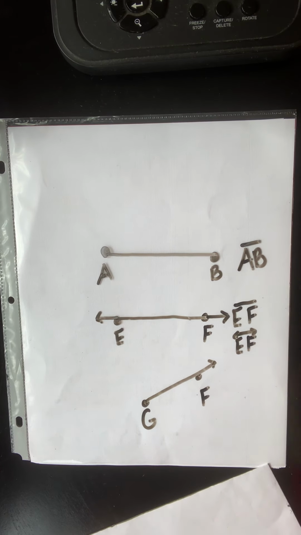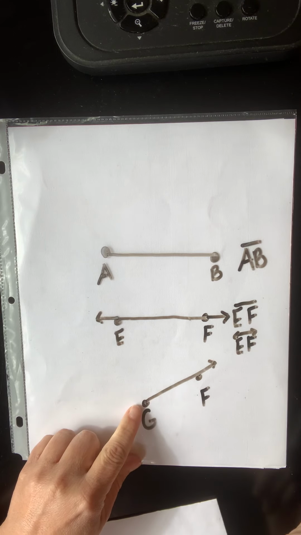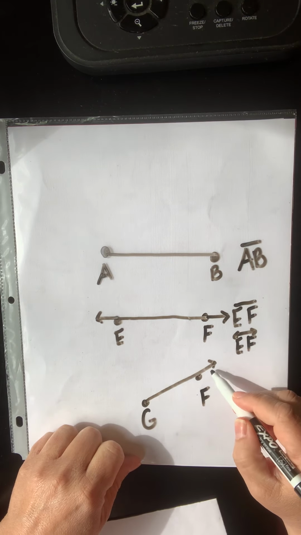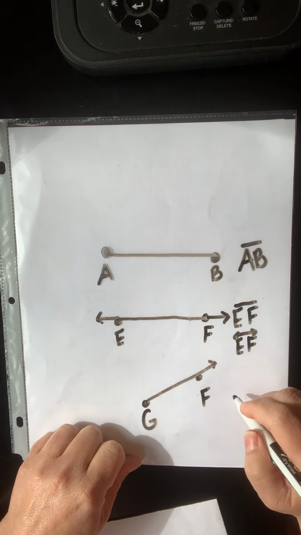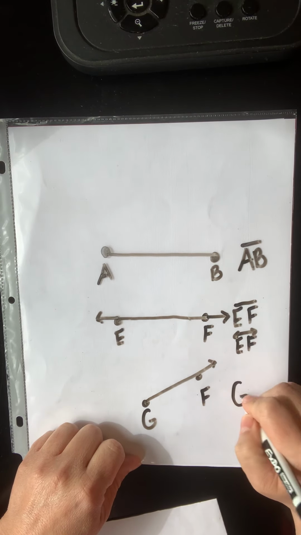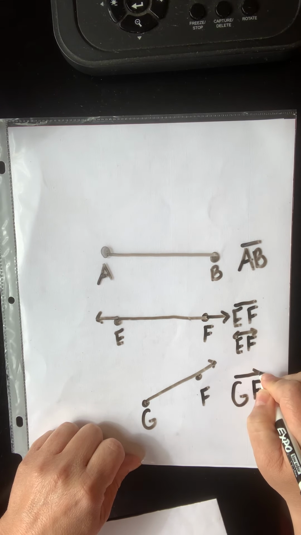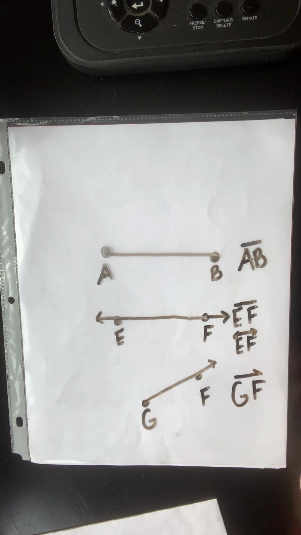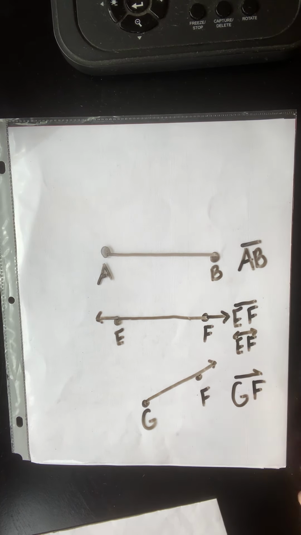It goes on and on to infinity. Okay, so now I have a start point and it is extended in one direction. And we call that a ray, and I would write that as GF with the arrow going on the F because it's infinite in the direction of F.